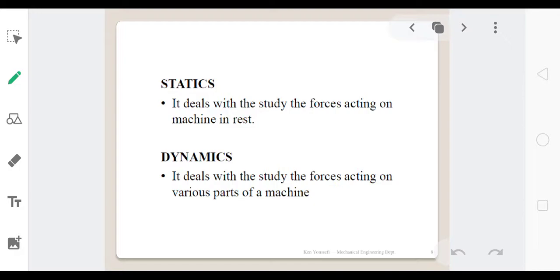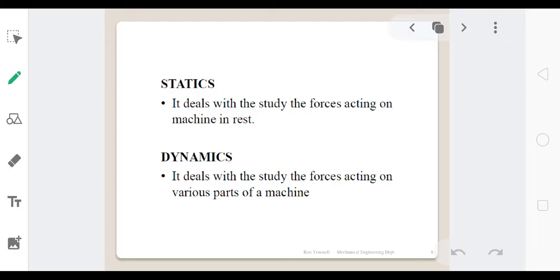Suppose a machine is in motion, like an IC engine. It is a machine using different mechanisms for its operation, like the slider crank mechanism and after that the cam and follower mechanism. These mechanisms help the machine to perform its operation.